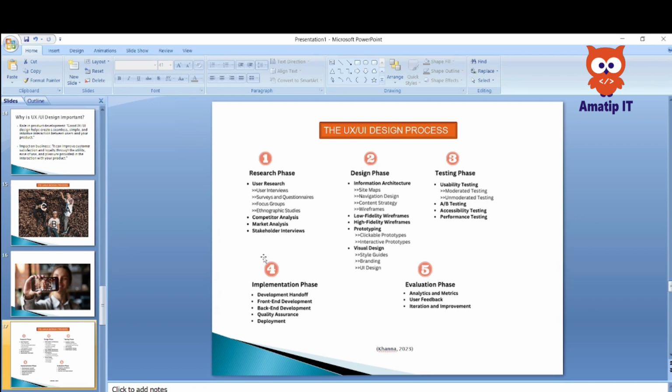Also, you need to do your market analysis and stakeholder interviews. In the case of the king, he is a stakeholder, the one that wants to use the product, and the children are also stakeholders.